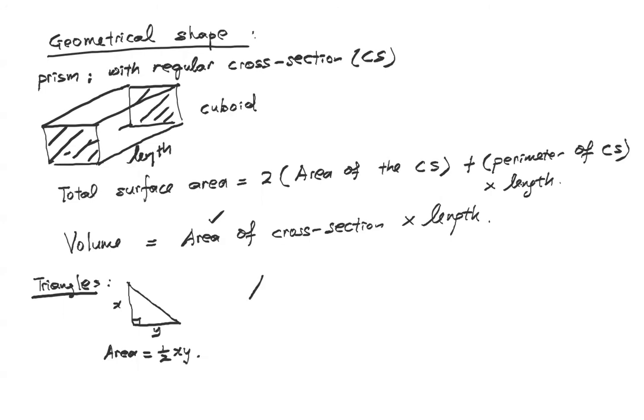If you are given an isosceles triangle, if I call this X, I call this Y. This is called isosceles triangle. Then how am I going to find the area? What is the height of this isosceles triangle? Isosceles triangle, there is one axis of symmetry. I don't think you all remember all this.